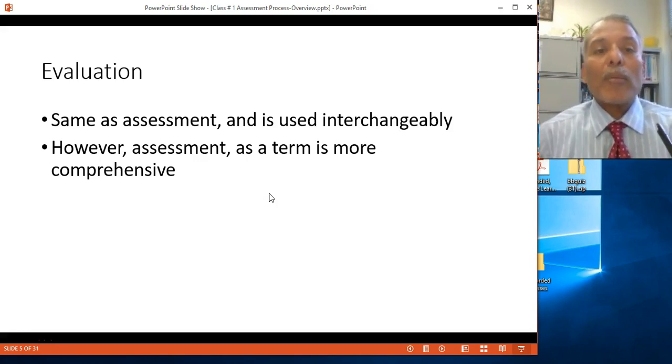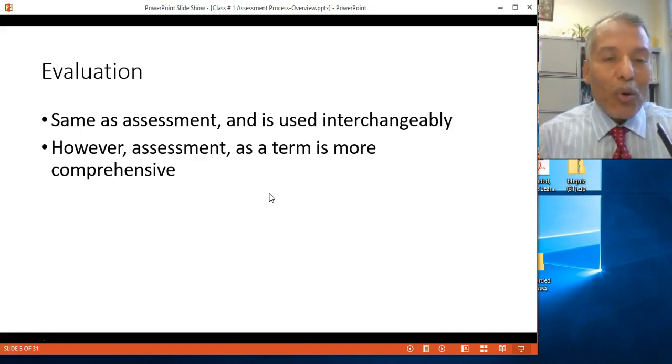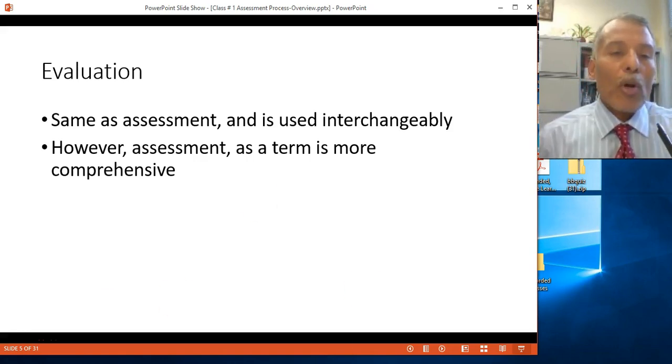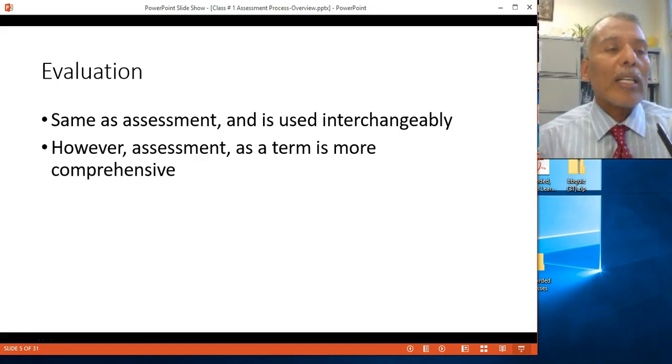But the word assessment, for example, as it is used in the real estate market, when someone asks for a home assessment, you do not just assess the inside of the home. You assess the outside, you assess the yard, you assess the fence, you assess everything that has to do with the property inside and outside in a comprehensive way.